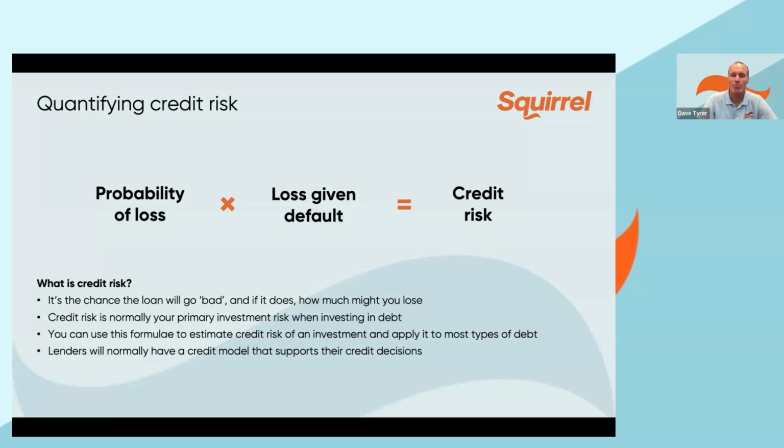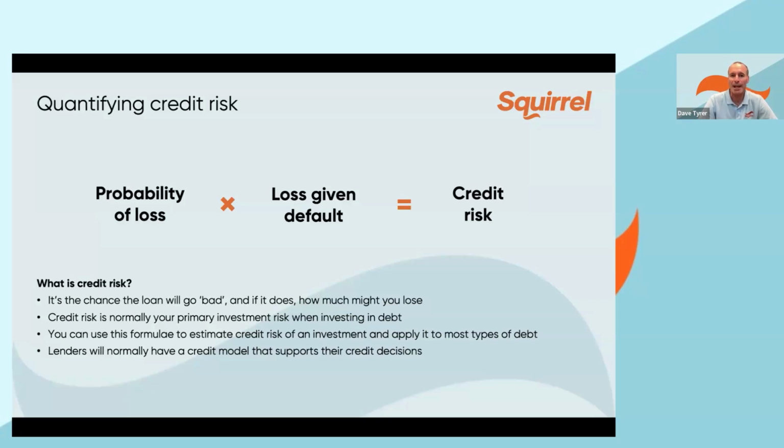So what is credit risk? It's the chance a loan's going to go bad. If it does, how much might you lose? When you're investing in debt, credit risk is the primary risk you typically face. There are other types of risks as well, and I'll cover those right at the end of the presentation. That formula gives you an estimated credit loss for a portfolio, and you can apply that formula to most types of debt.